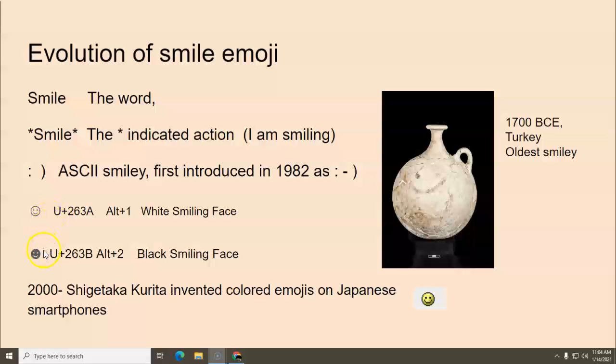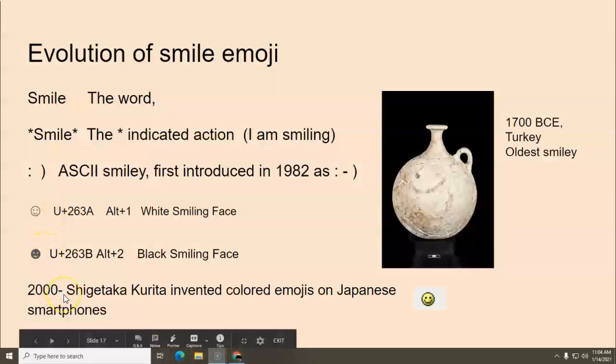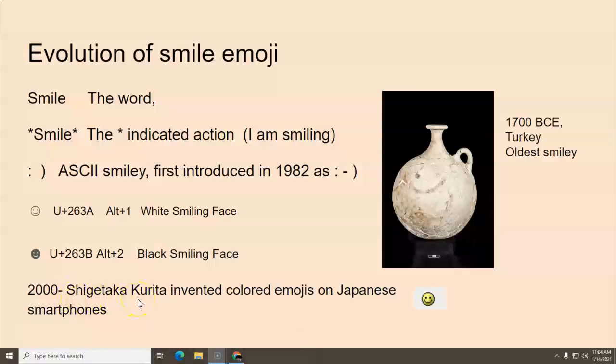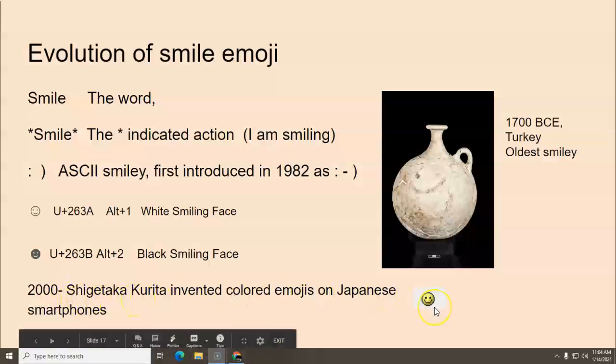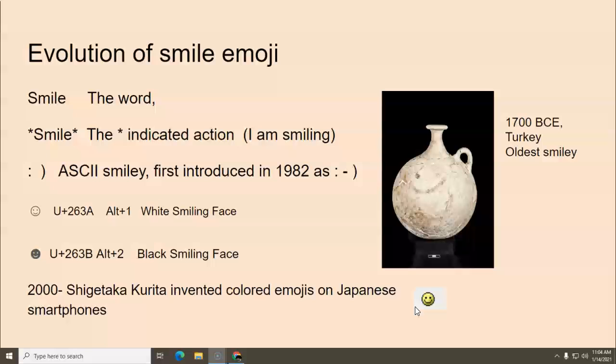There was the white smiley face and the black smiley face. And then in the year 2000, so 21 years ago, a Japanese programmer invented the colored emojis on Japanese smartphones, like the little smiley here. If you look at it closely, you can tell that it's pixelated because things were still not smooth. They didn't have a great resolution, and you could still see the pixels at that point.